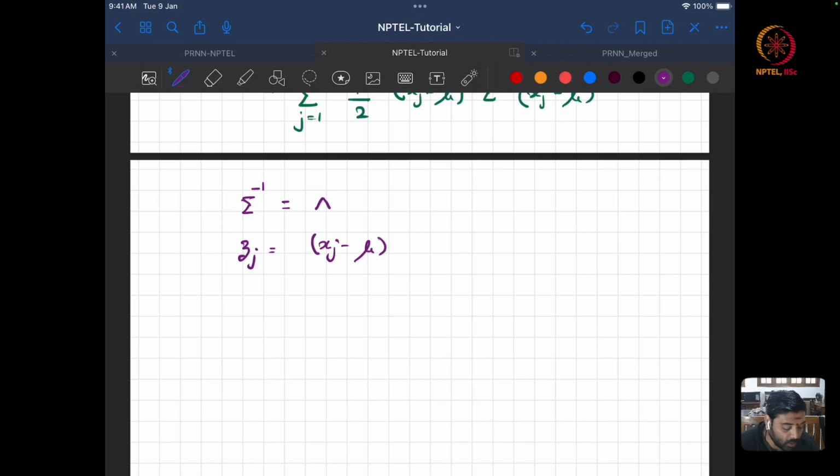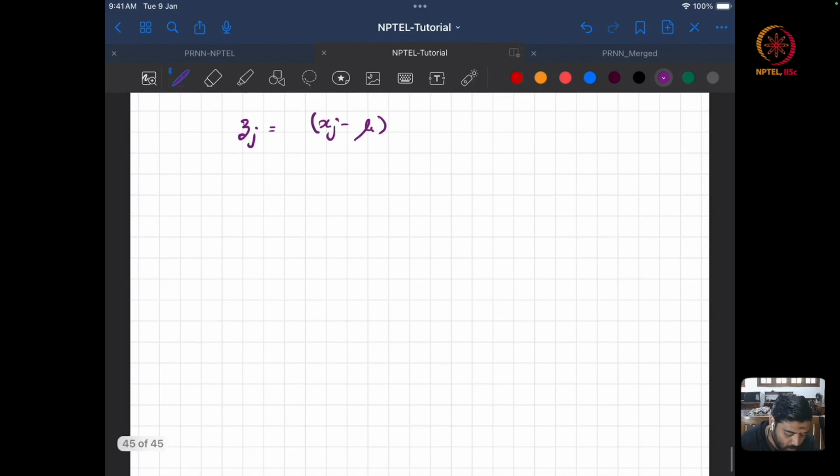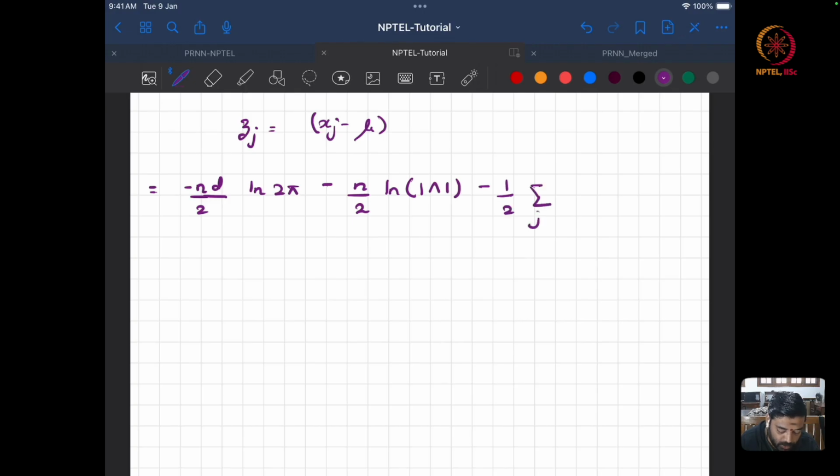Okay, so now with this, how will my new expression look: n by 2 d log 2 pi, minus n by 2 the determinant of this, minus half summation j equals 1 to n zj transpose.